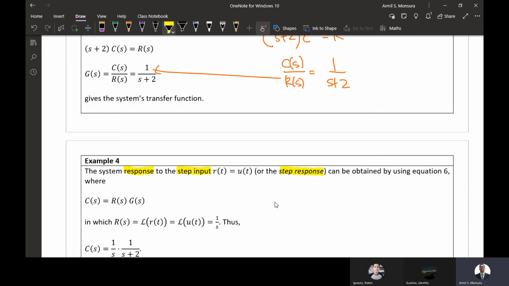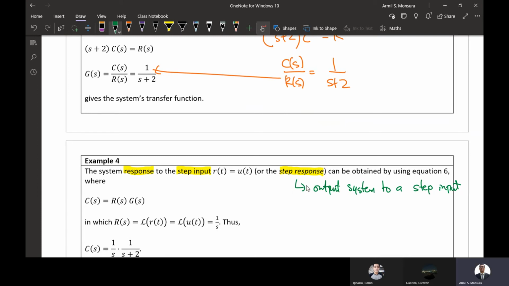So, ang step response is the response or the output of your system to a step input. Tatandaan niyo kasi at some future point, lagi din natin gagamitin yung term na step response.